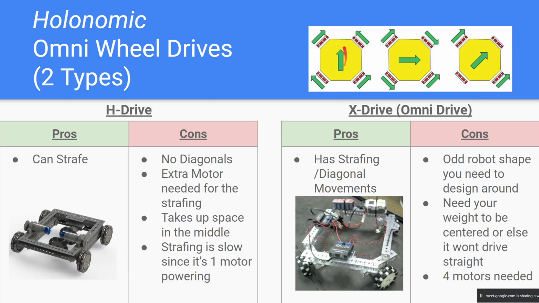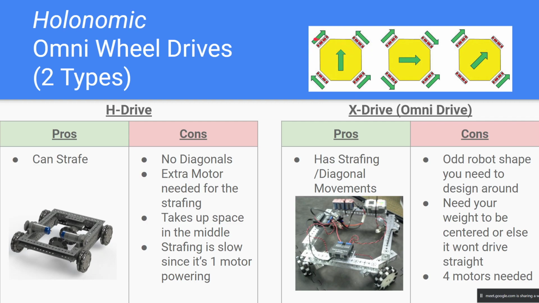This diagram up top explains how it works. This is for my programmers out there who need to understand how the motors need to rotate in order to make this thing move the way it should. To go forward, the arrows show you which direction the wheels have to rotate in.